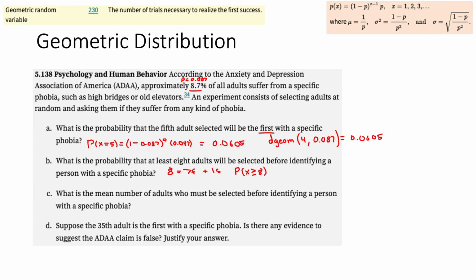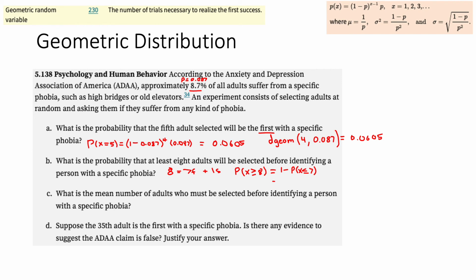Now, we can't do this with the formula because presumably this could go up to infinity, so we can't sum all of these values, and that's where we're going to use software. So this is equal to the probability of x less than or equal to 7. But this is 7 total selections, not the number of failures.